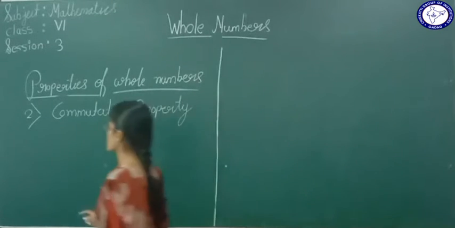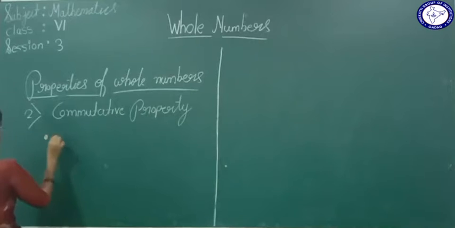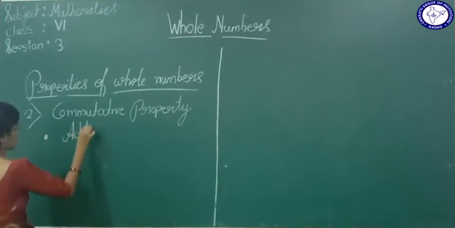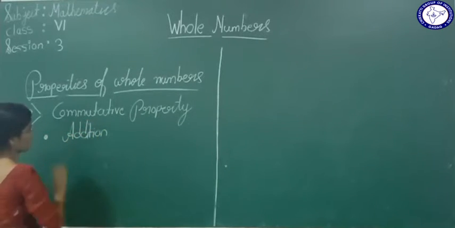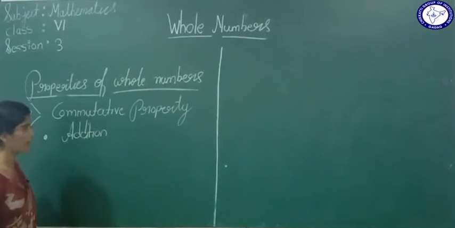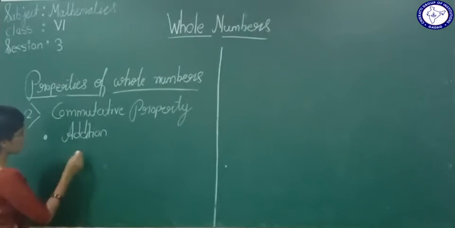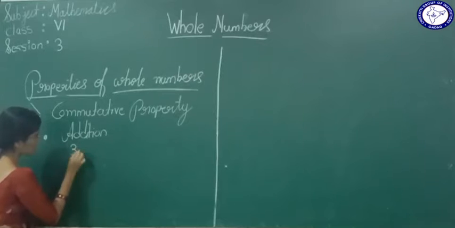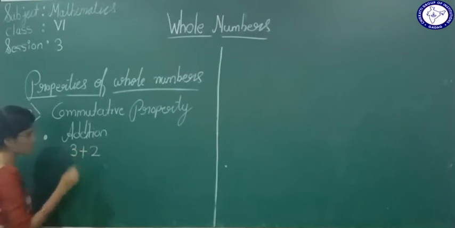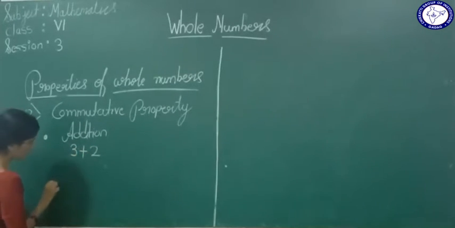See what this is. First we will see for addition. Now we see here 3 plus 2. I will find it on a number line.